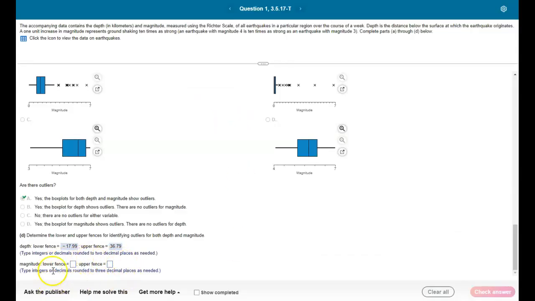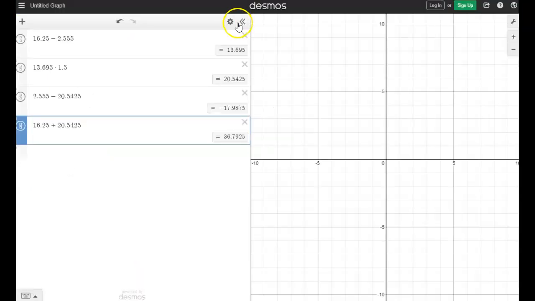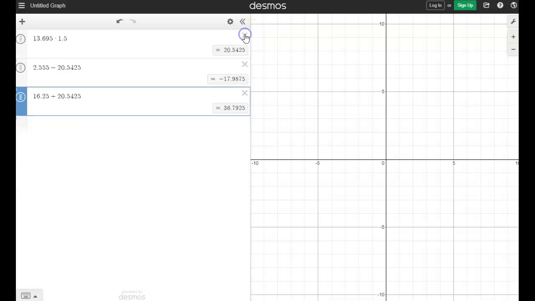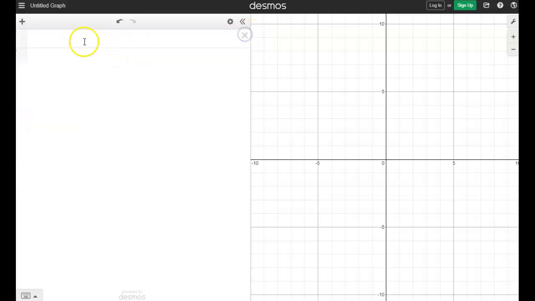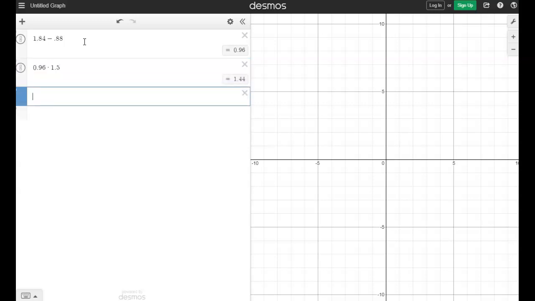So I'm going to do the same thing for magnitude. Come back to my calculator. First of all, find the interquartile range by subtracting Q1 from Q3. Take that number and multiply it by 1.5.